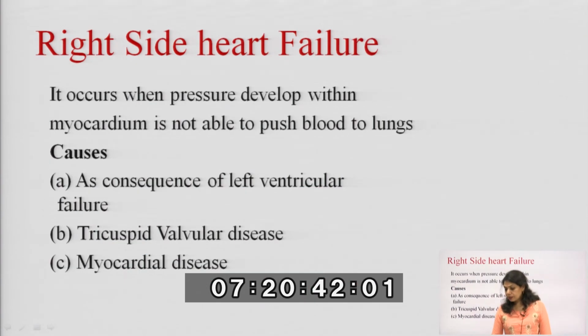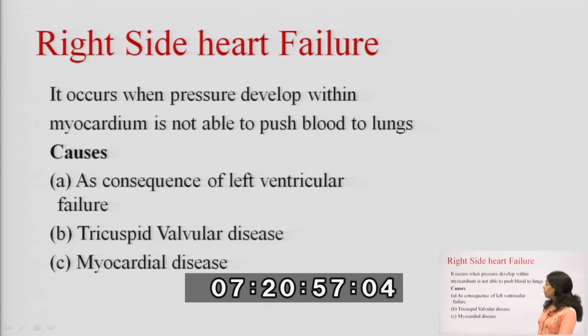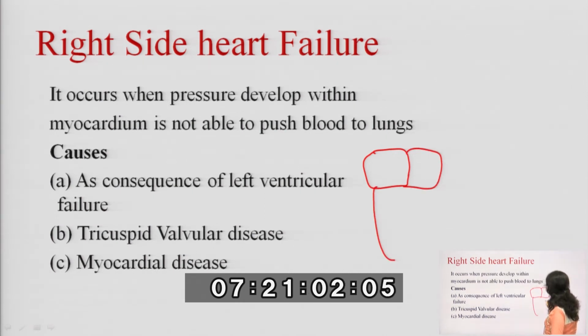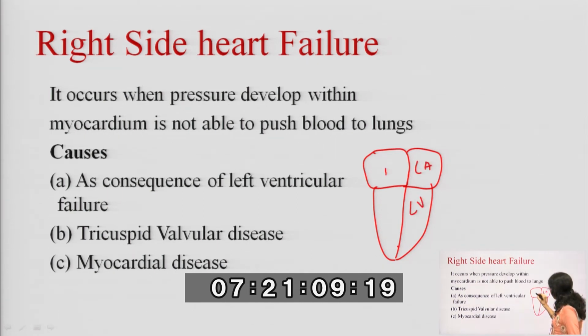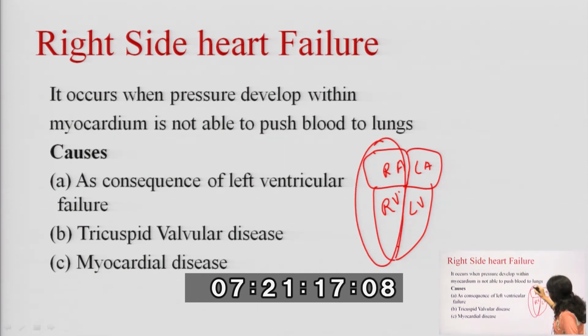Now, coming to the next slide, which is right side heart failure. Right side heart failure occurs when the pressure developed within the myocardium is not able to push blood to the lungs. As you know, if I draw this heart, this is the left auricle, left ventricle, right auricle and right ventricle. We are talking about right side heart failure.